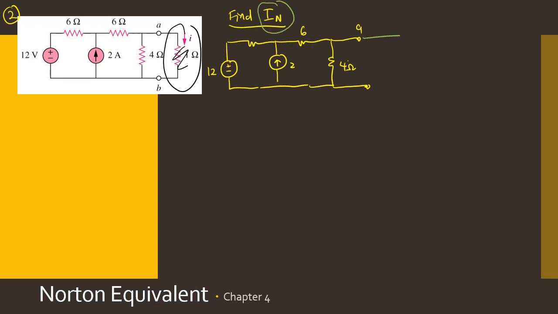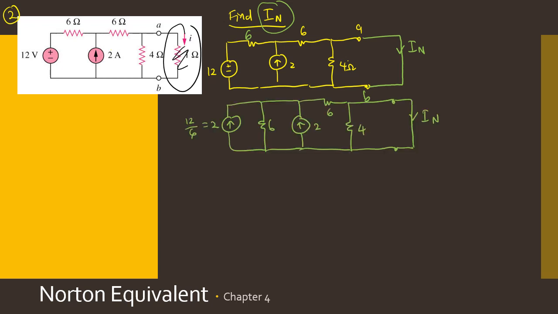So what should you do? You need to connect the terminals A and B with a short circuit like this, and then you have I Norton here. So your approach is you can apply any methods you learned from chapter 1 up until chapter 4, this chapter. And then yeah, if you want to use source transformation, you also can.